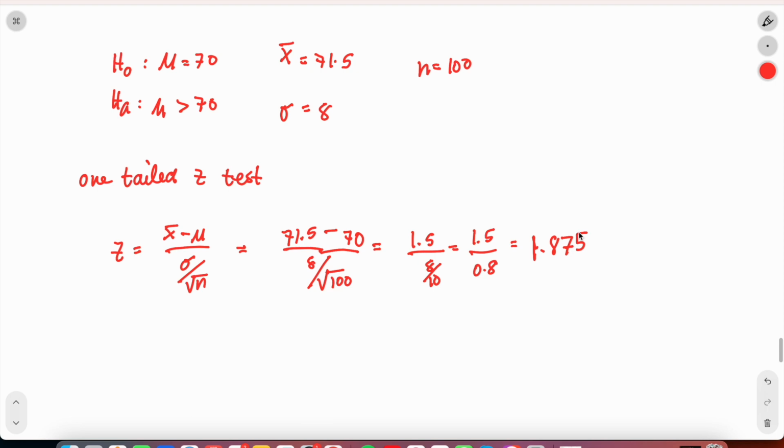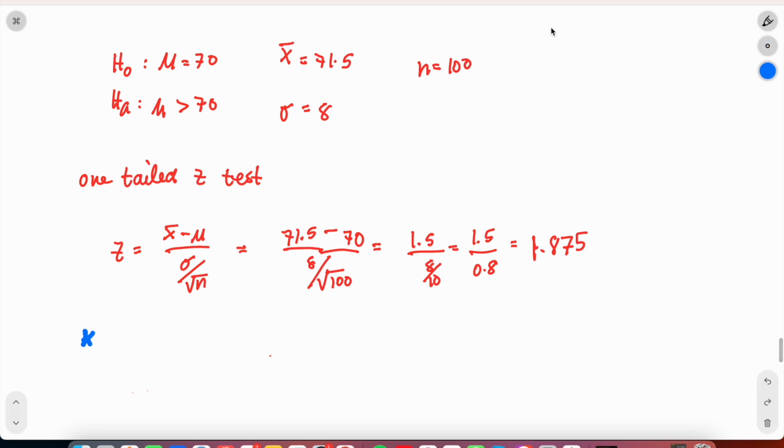Okay. Now let's solve for the critical values of z. So this is a sub lesson. This is actually a side note.